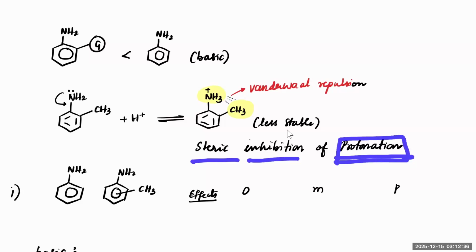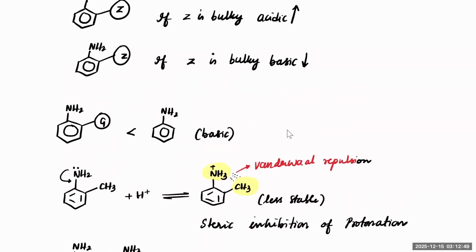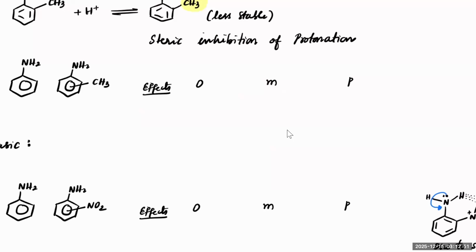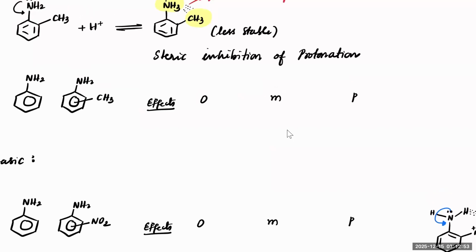That means it is not ready to get protonated. And because it is not ready to take H plus, it is a very, very weak base. I hope all of you understood what is ortho effect in the case of anilines. In the case of anilines, you need to check that ortho position has the weakest amount of basic character.